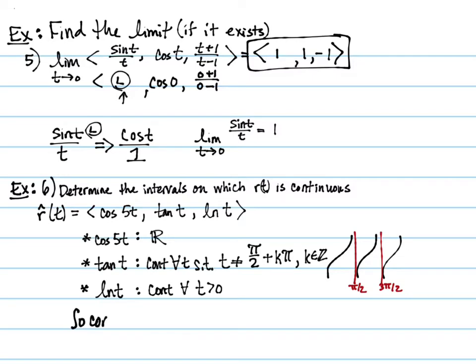So it's going to be continuous for all positive t, so for all t greater than 0, such that t does not equal those same pi over 2 multiple values that we just saw. So pi over 2 plus k pi, where k is an integer.